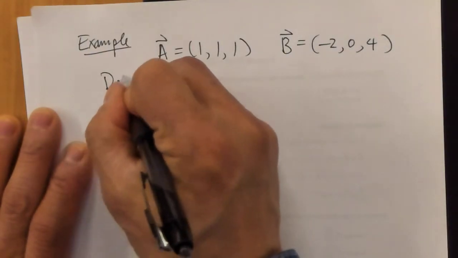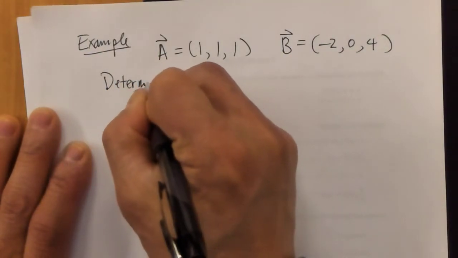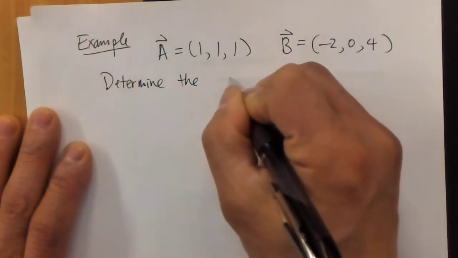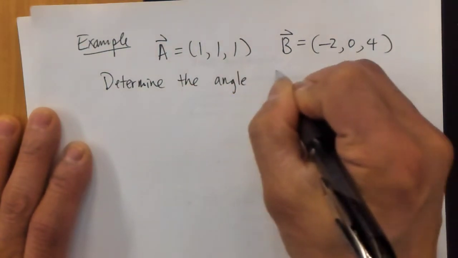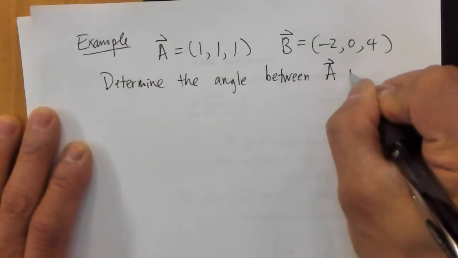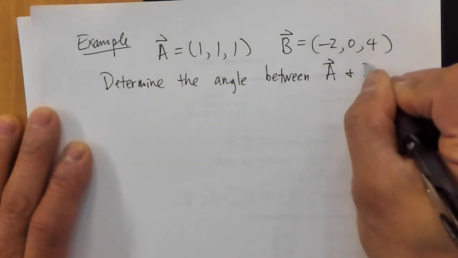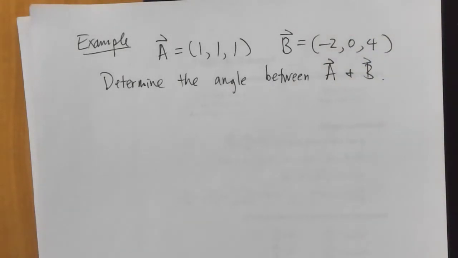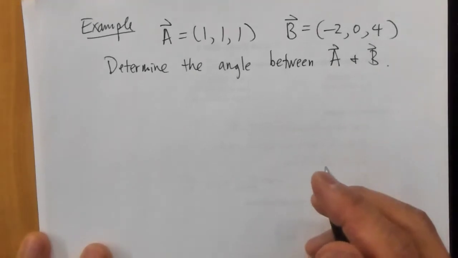Okay, question is, determine the angle between A and B. When people talk about the angle between two vectors, they generally want an angle that's between 0 and 180. You could call 90 degrees 270 degrees going the other way, but the definition is between 0 and 180, by the way.